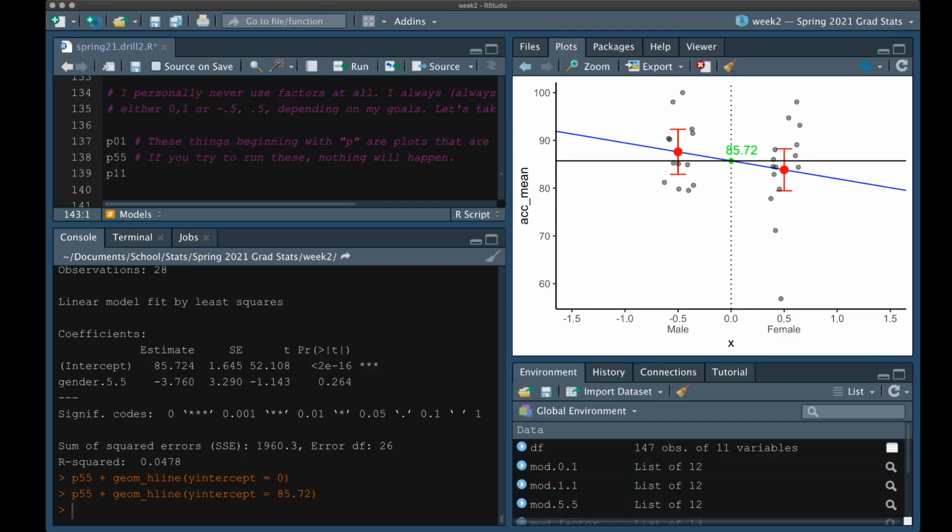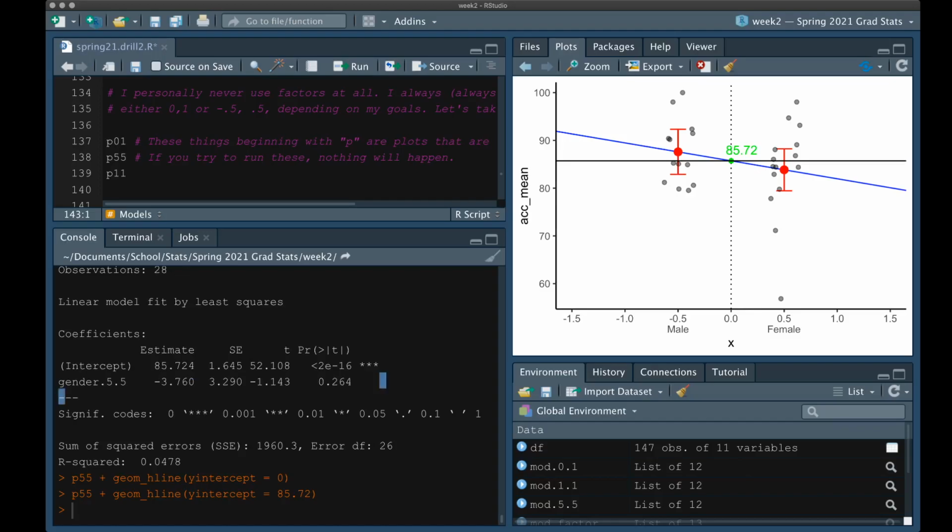You can see that on average we'd be under predicting male scores and over predicting female scores. So instead, if we use this blue line so that we predict this red dot for all the males and this red dot for all the females, what is the sum of squared errors for using this blue line instead? And does the sum of squared errors decrease significantly given one additional parameter by including that parameter?